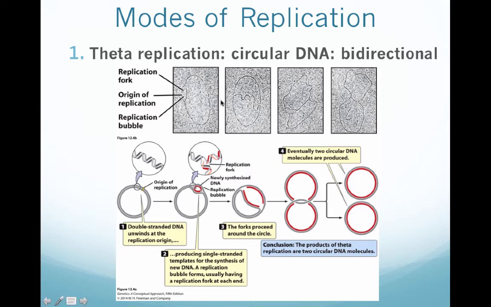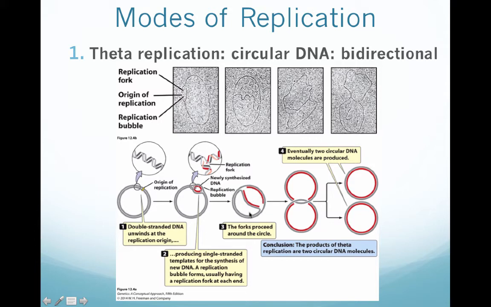And we can see here that the replication fork looks like this. That's where we're actually starting to synthesize the new piece of DNA using the old original pieces of DNA as a template. So with bidirectional replication in the theta model, we then are going to see forks that are going to expand here in step 3 and get bigger.